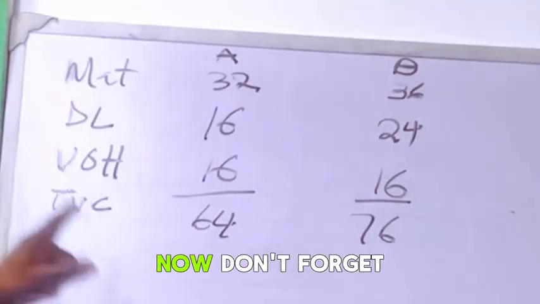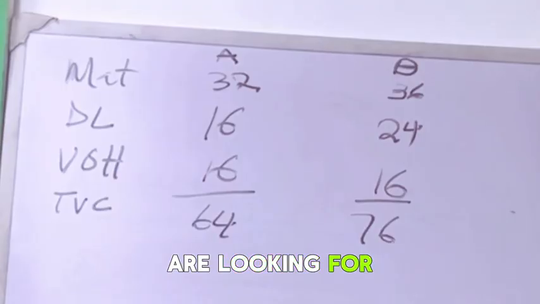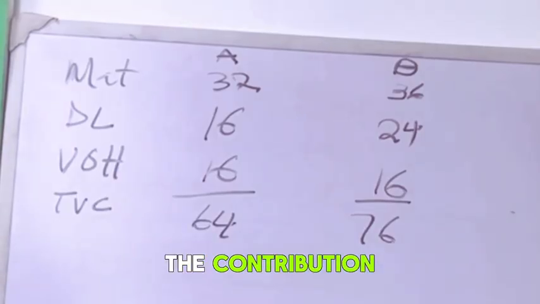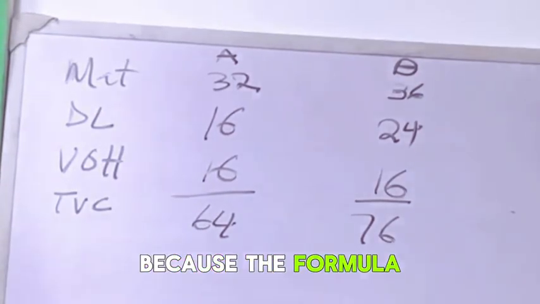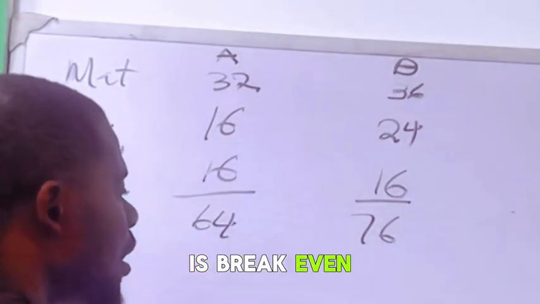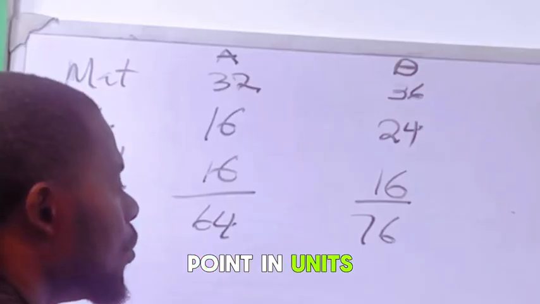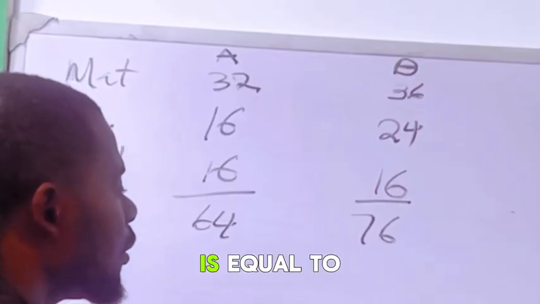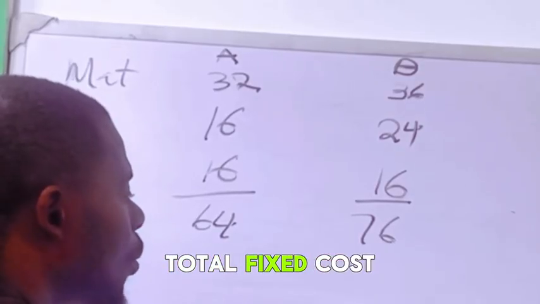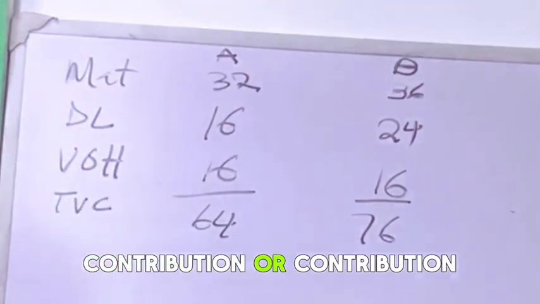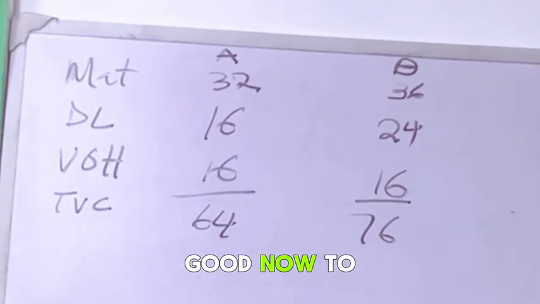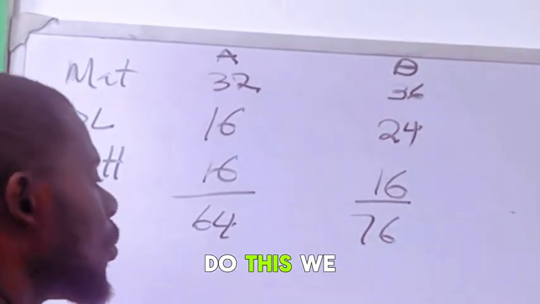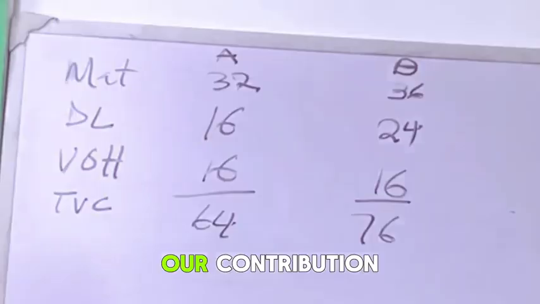Okay? Now, don't forget that we're looking for the contribution. We're not looking for total variable costs, but we're looking for contribution, because the formula is break-even point in units is equal to total fixed cost all over contribution, or contribution margin. Okay? Good. Now, to do this, we need to get our contribution.